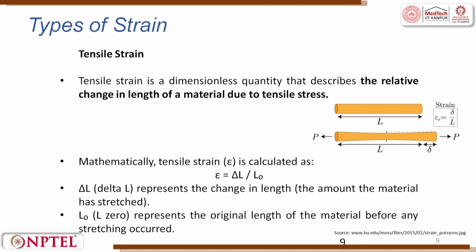The most important thing is the strain has no units, it is a ratio. Mathematically, tensile strain is calculated as epsilon, which is delta L by L naught, where delta L represents the change in length and L naught represents the original length of the material.